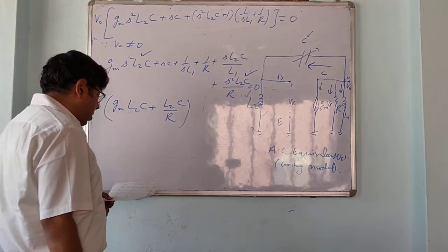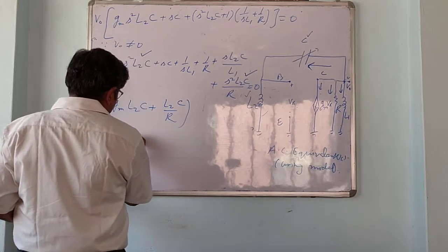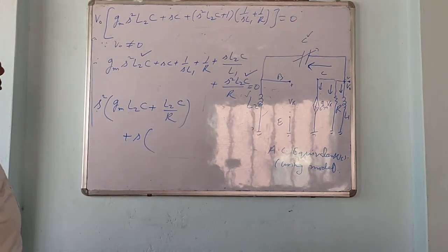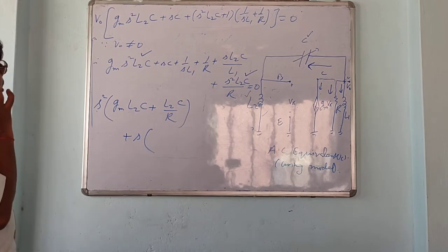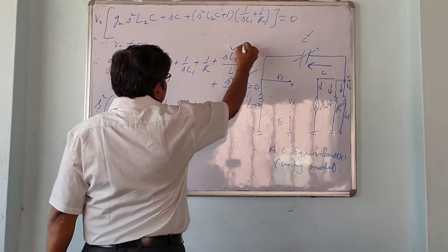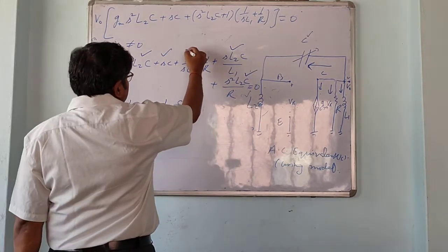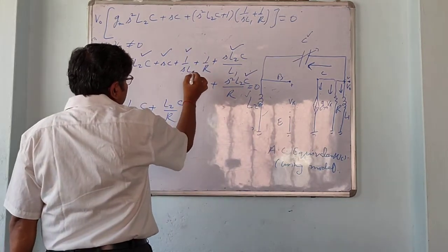Then the terms containing this factor. Here this term contains it, and you can take it as common. Here you will get S square in the denominator.